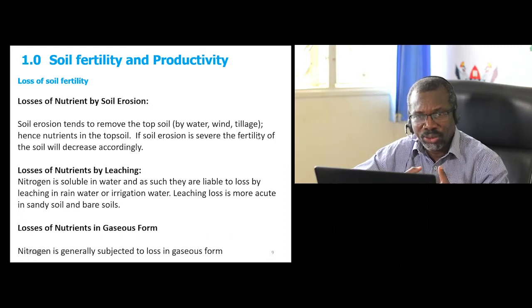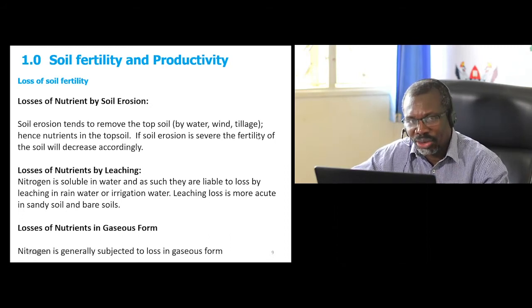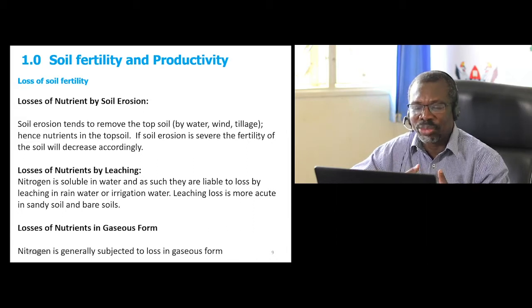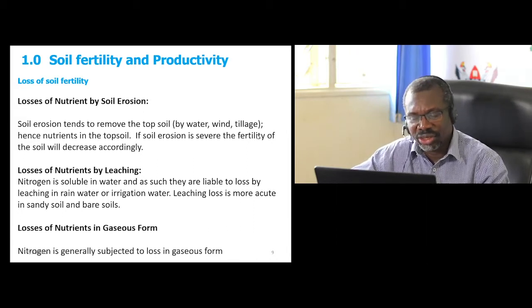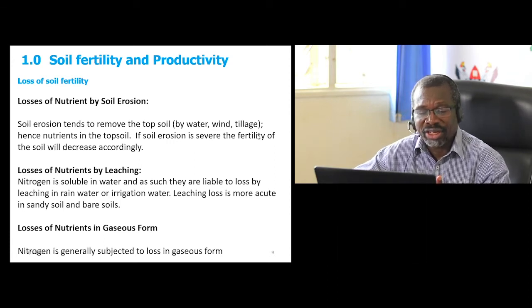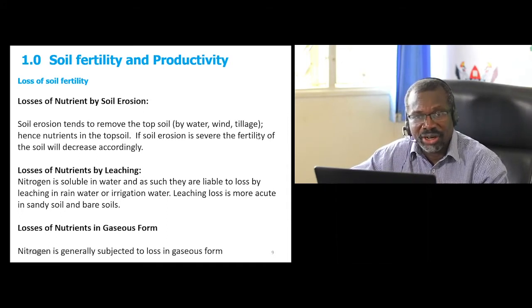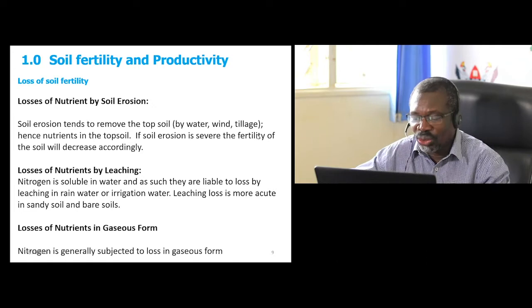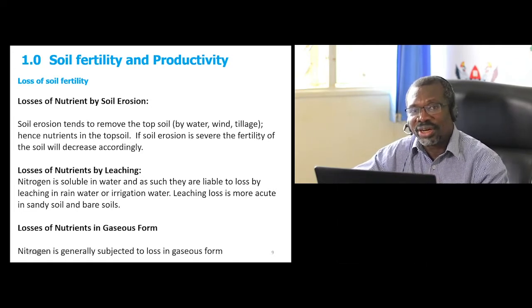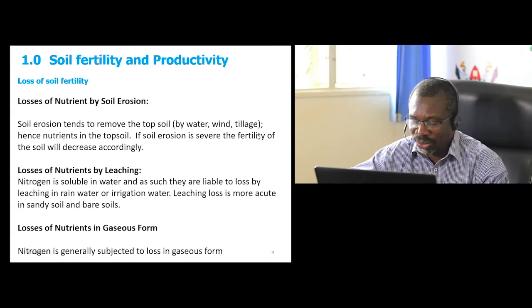But through leaching, we may actually lose a lot of nitrogen because it can be dissolved easily into the soil. But we also have cases where nitrogen can actually be lost in gaseous form, especially when you have those conversions from one form to another.